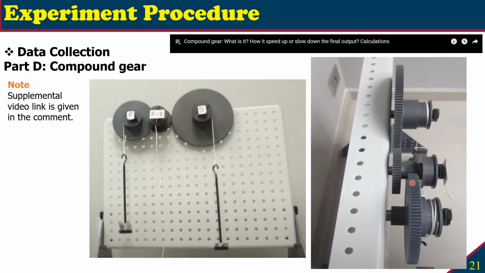So this gear is mating with this gear, but this shaft gear is mating with another gear on the same shaft. So this shaft has two gears, this one and this one, in action, and that's why it becomes a compound gear. The supplemental video for this arrangement is also given on the link.